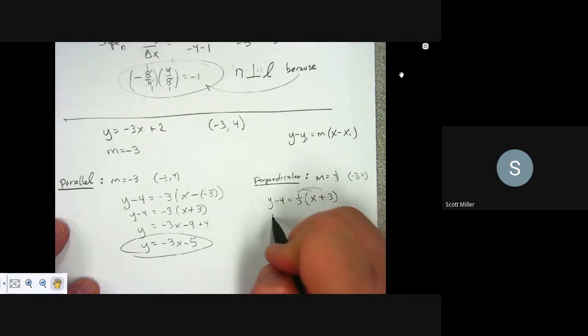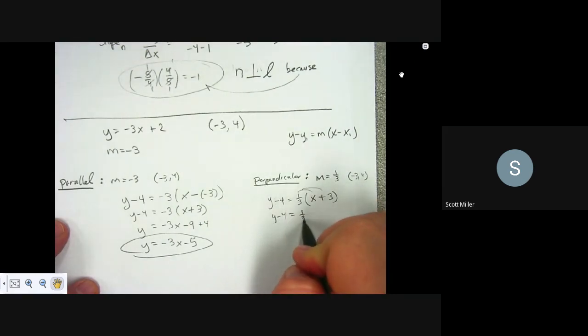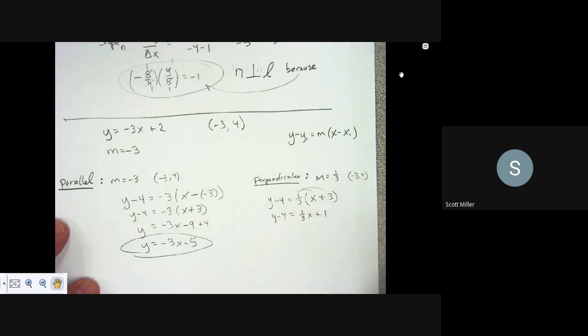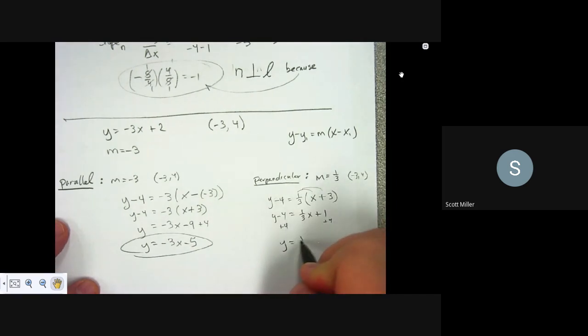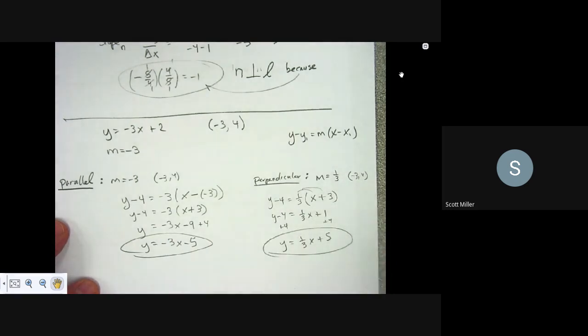Distribute that. Add a 4. 1/3 x plus 5. And that's how you would do those.